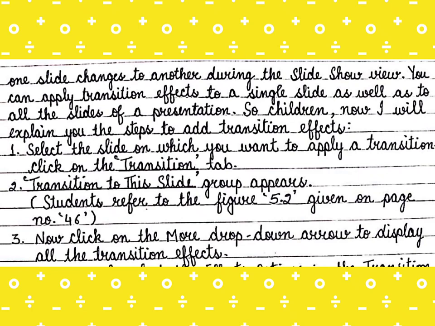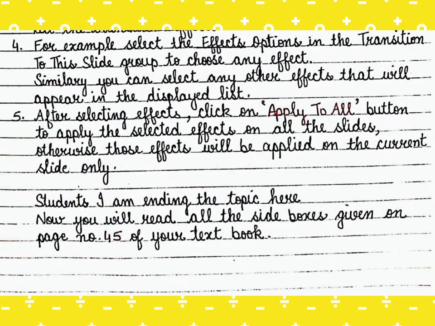Point 3. Now click on the More drop-down arrow to display all the transition effects. Number 4. For example, select the Effects option in the Transition to this slide group to choose any effect.